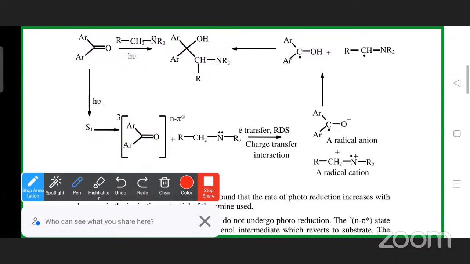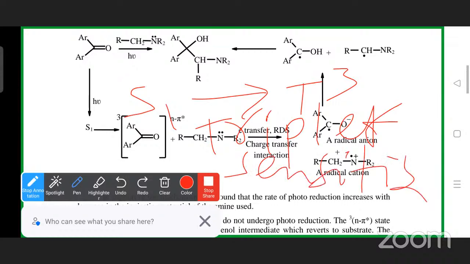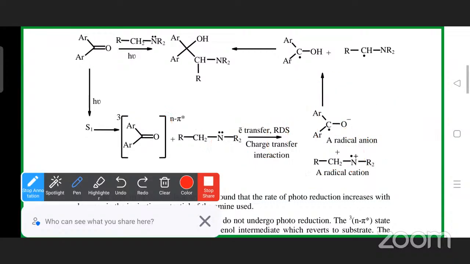We call this S1 to T1. This is called the triplet sensitization. Triplet sensitization here means the transfer of energy from singlet to triplet. So it is occupying the triplet state here.